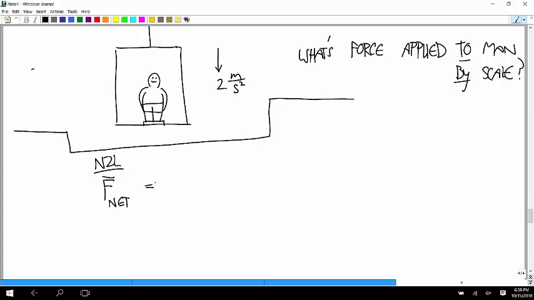F net vector is equal to the mass of the man times the acceleration of the man.